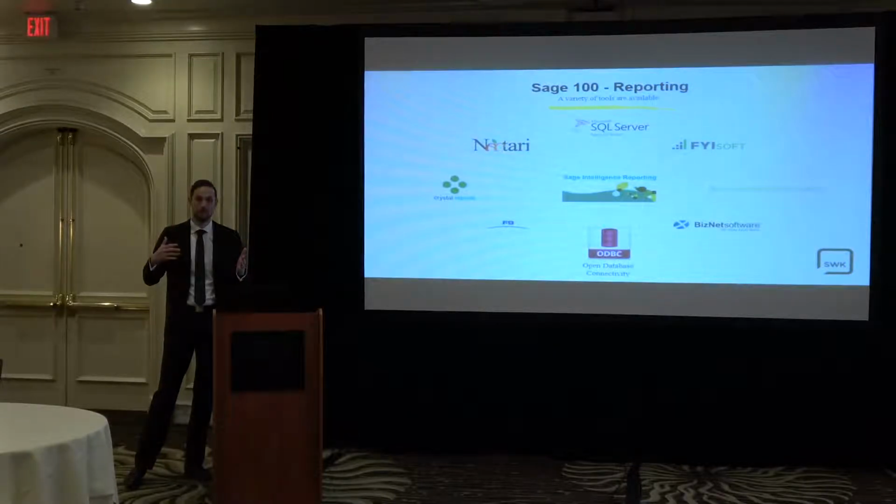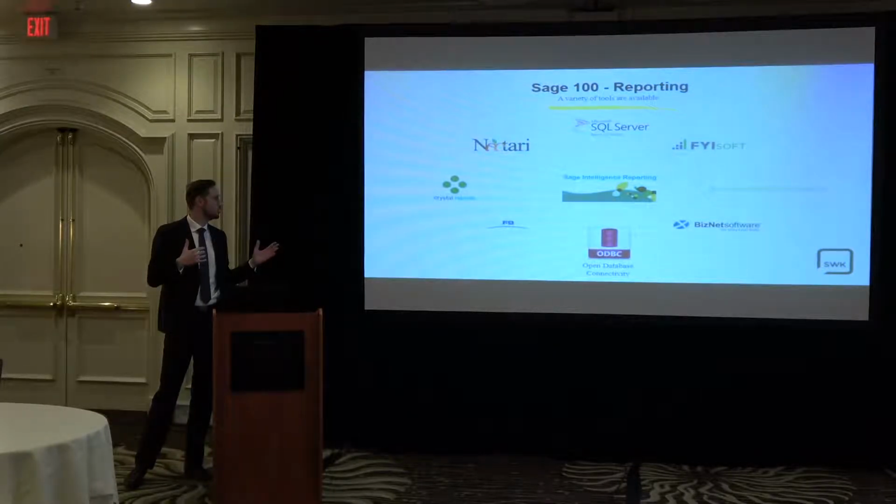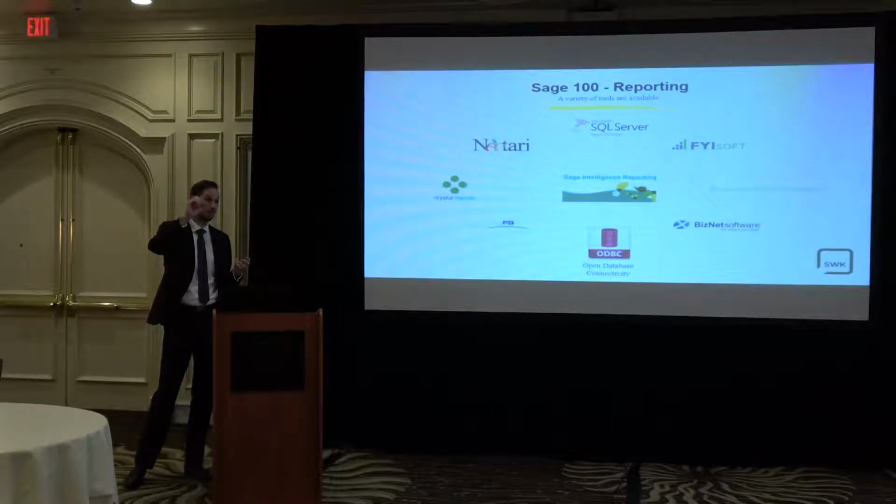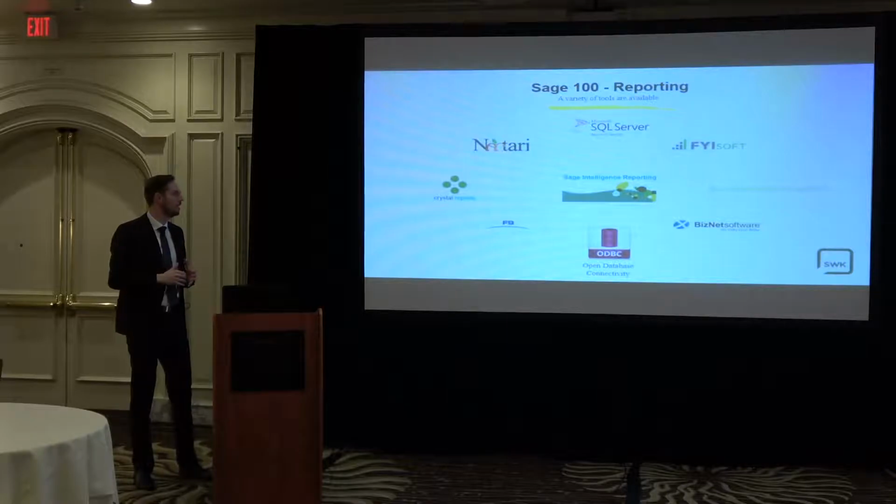Many of you know that Sage 100 has this ODBC interface, open database connectivity, so you can basically create Crystal reports based off your data. You can use Excel directly, so you can pull data from Sage directly into Excel.